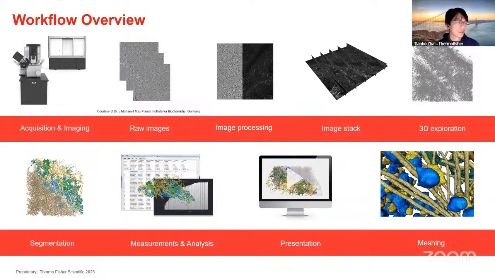And then, as mentioned, segmentation will follow, and segmentation is going to be the critical part of it. And of course, many times people won't stop just at the segmentation. The quantification, being able to extract meaningful statistics, is one of the end goals or deliverables for many of the projects.